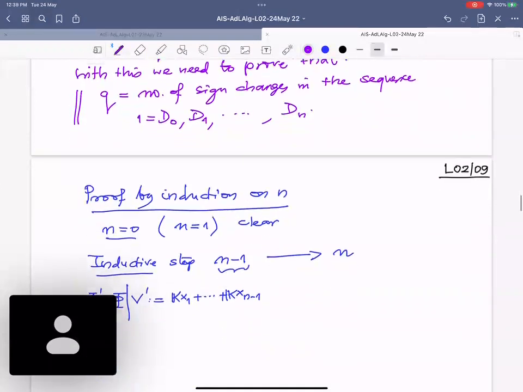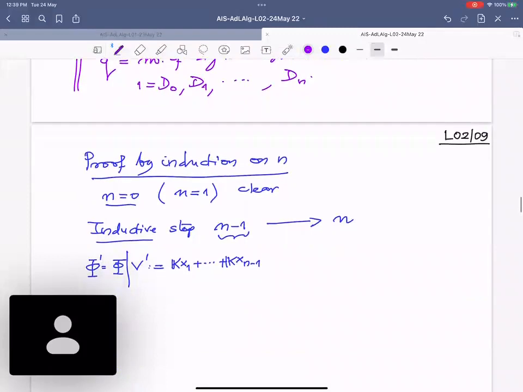This assertion, I am going to prove it by induction. For n equal to 0, it is trivial. n equal to 1 also, it is trivial. Therefore, to complete the induction, I have to prove the inductive step from n minus 1 to n. That means I am assuming it for n minus 1.